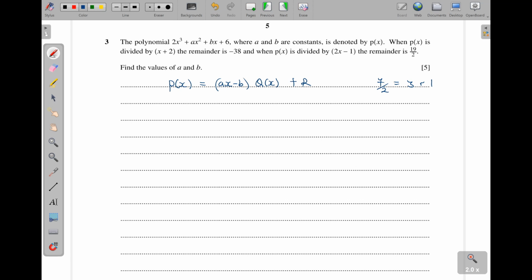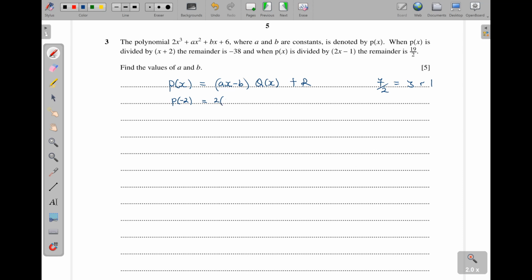Now, if I get this and I equate it to 0, that means x is going to be equal to b over a. So if I put b over a here, now this one will be 0. So this whole thing goes. That means you remain with the remainder. You see that? So meaning I'm going to get p of negative 2, because when you equate this one to 0, you get negative 2.